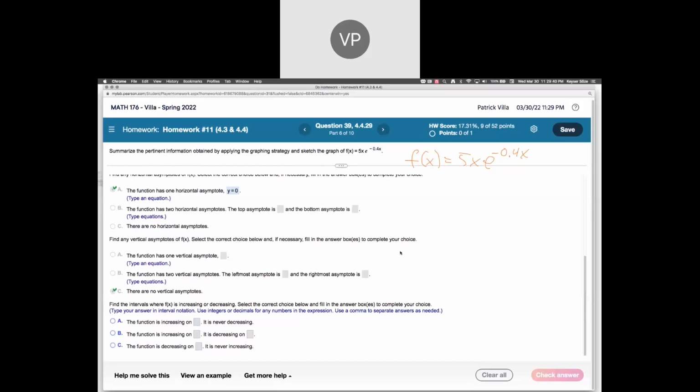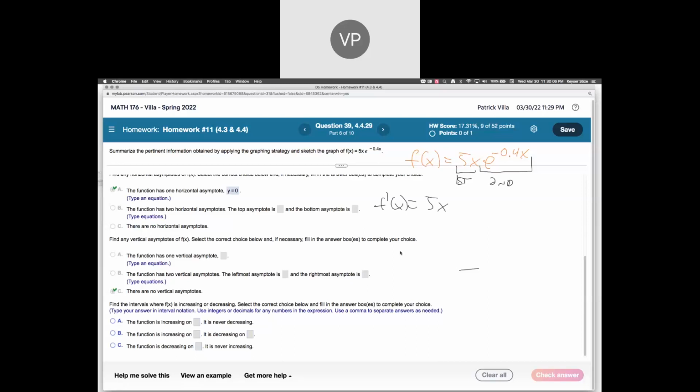So when I do this, remember, I'm doing the product rule, and you could bring this e to the 0.4x down to the bottom and do the quotient rule, and you're going to get the same answer. But I'm going to stick with the product rule, and I'm going to call this my first and my second. You've got to deal with that 5 somewhere. You either put the 5 with a big parenthesis around everything, or you just incorporate it into one of the pieces. And I found that's usually going to be easier.